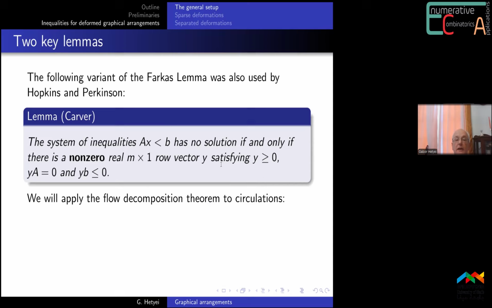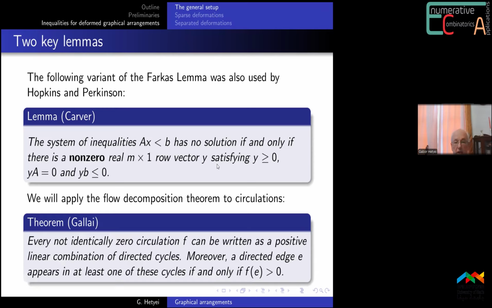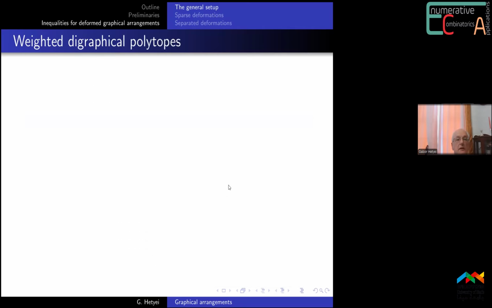Okay, the proof is not trivial. It's originally due to Carver from the 1920s. You have some reference to limits superior and stuff like that. Now, the other idea is that if you have a circulation on a graph, you can always decompose it as a positive linear combination of directed cycles.